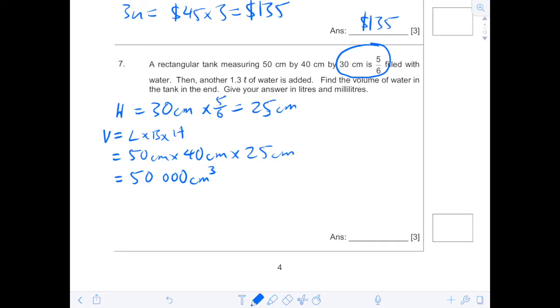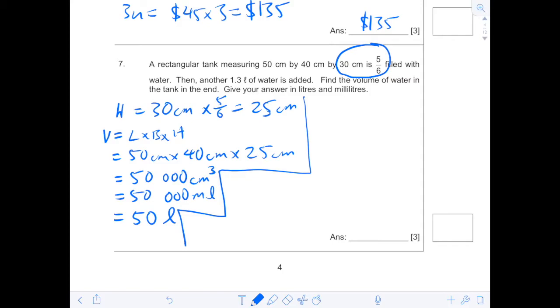Now we have to convert this to liters. We convert to ml first, then divide it by 1000. You get 50 liters.